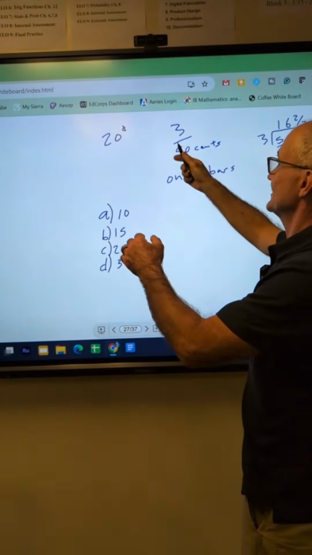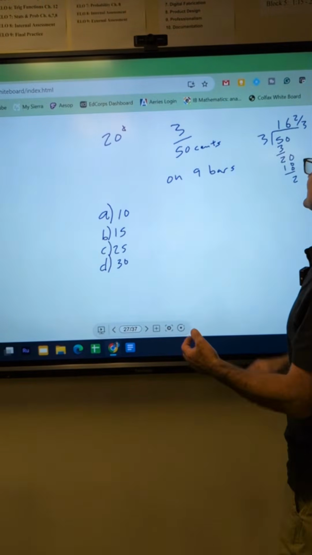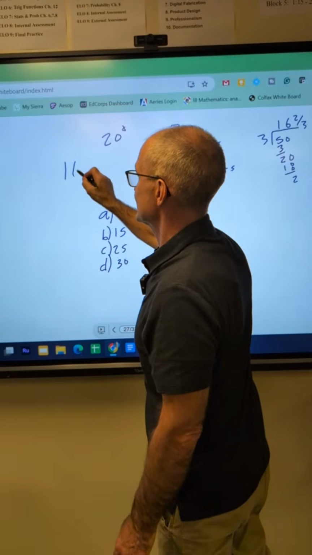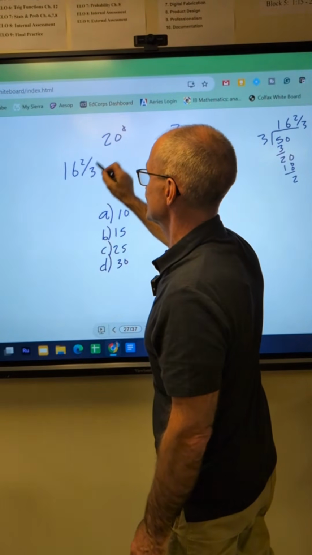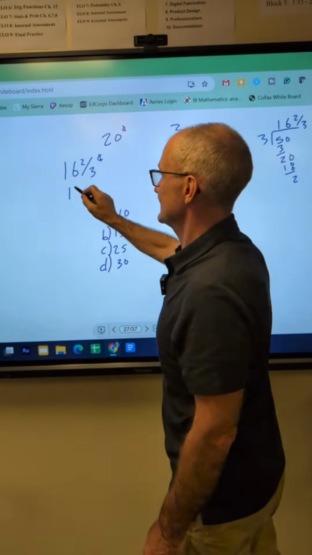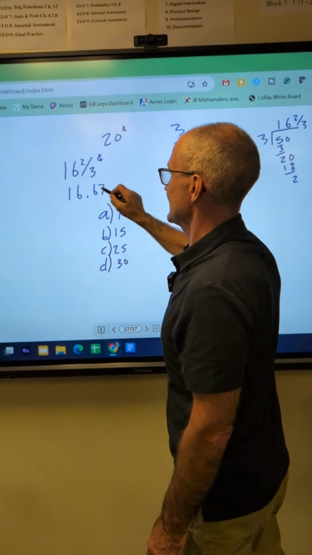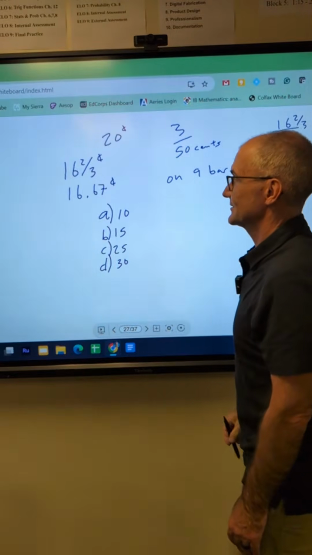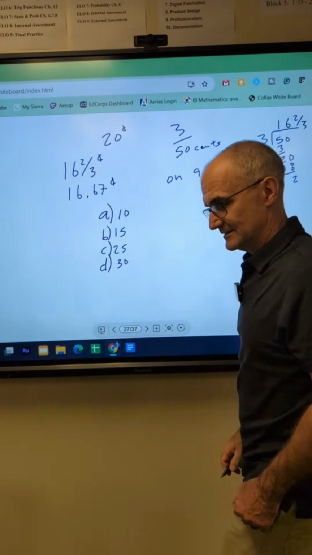So if I have 3 bars for 50 cents, that means 1 bar is 16 2/3 of a cent, or 16.67 cents per bar, right?